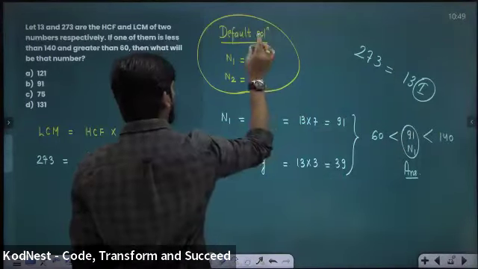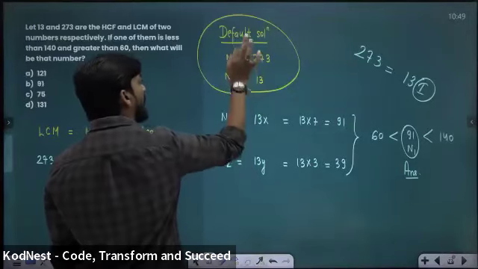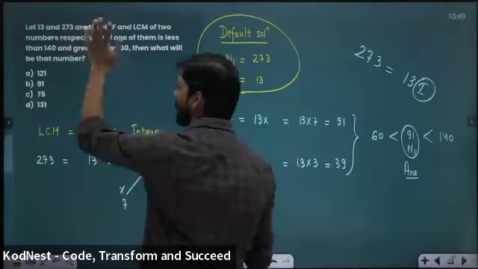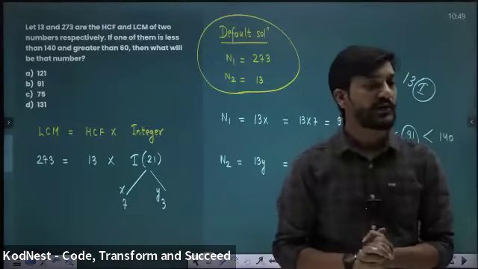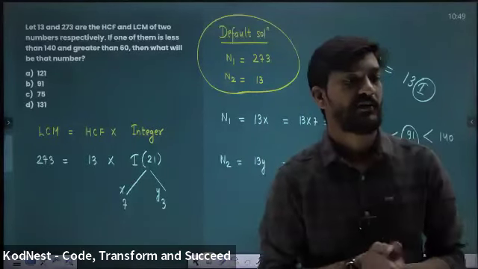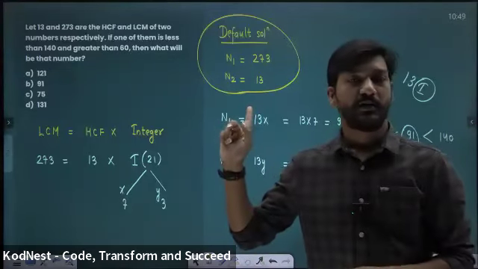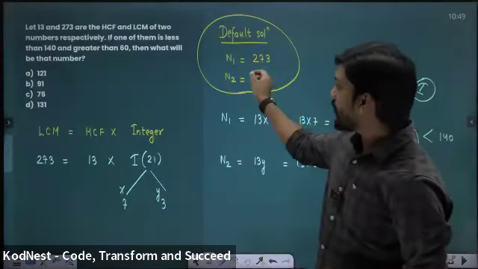Okay, so carefully answer. This is also a solution. Any of the numbers, 273 or 13, do they come in the range of 60 to 140? Are they coming in the range? Yes, it is a solution. But do we have to answer which is the right option from this?